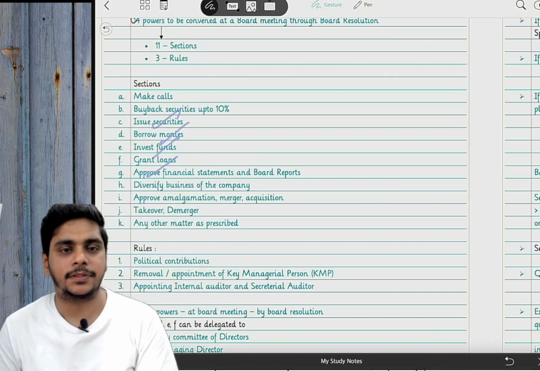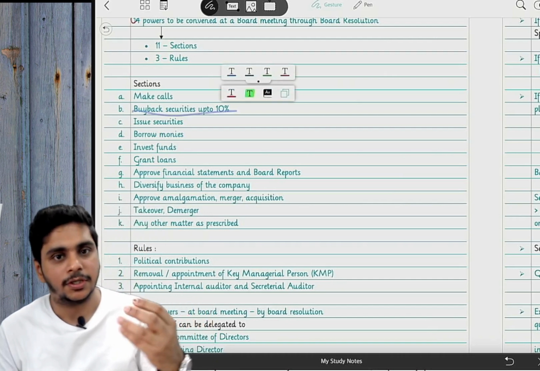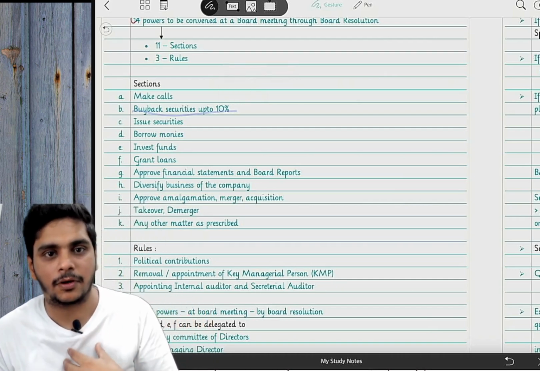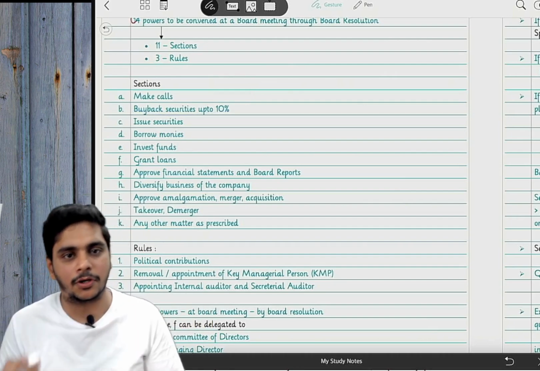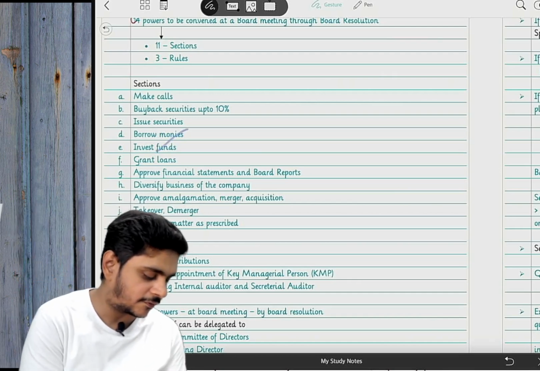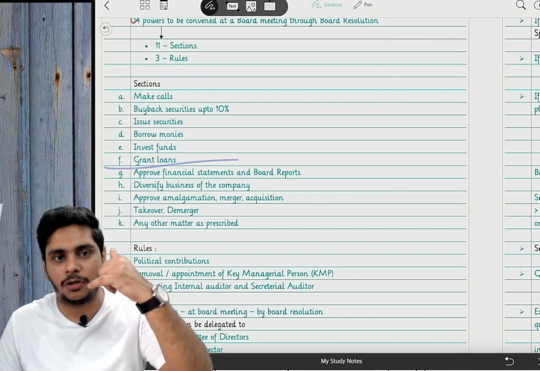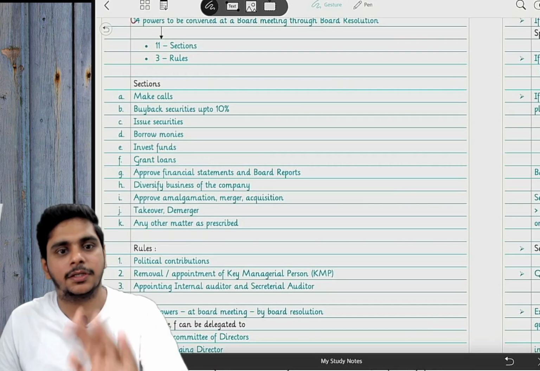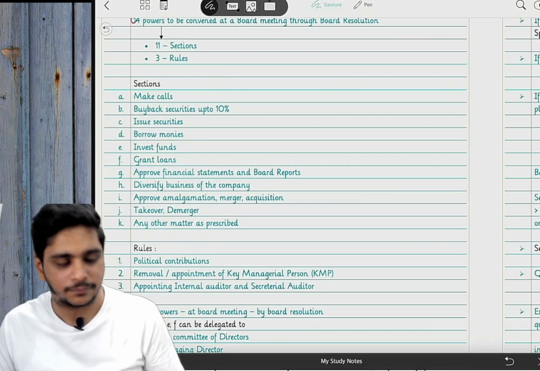Now how do you remember this? We made a call, then did a buyback of securities. Once we bought back, we issued a lot of securities, and after the issue we borrowed money, we got a lot of money, we invested funds and we granted loans also. So these 6 are in sequence: call, buyback, issue, borrow, invest and grant loan.